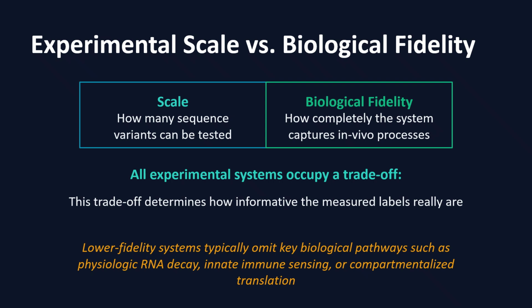So they may not capture physiologic RNA decay, innate immune sensing, intracellular trafficking, cell type specific translation controls. More realistic systems include those processes, but obviously they are slower, much more expensive, and can test far fewer sequences.